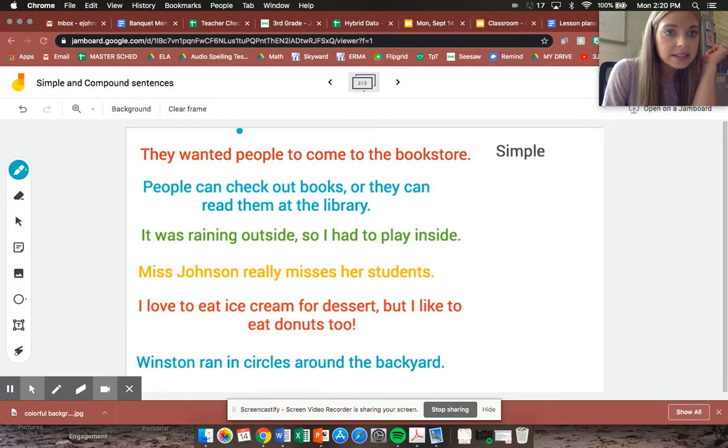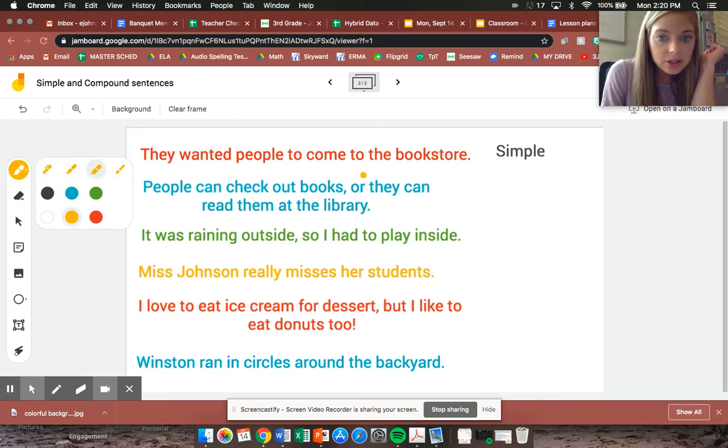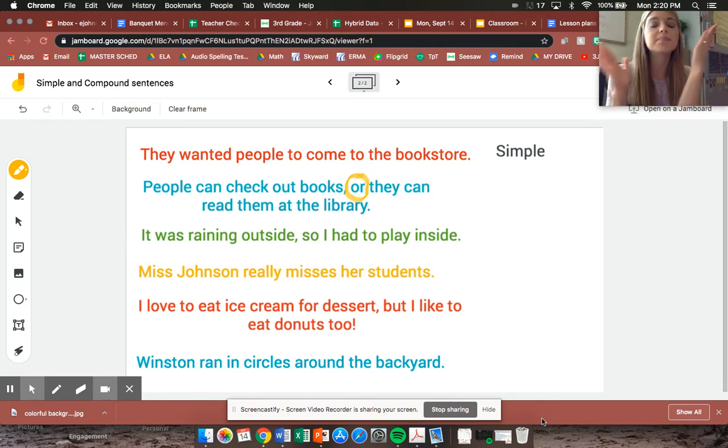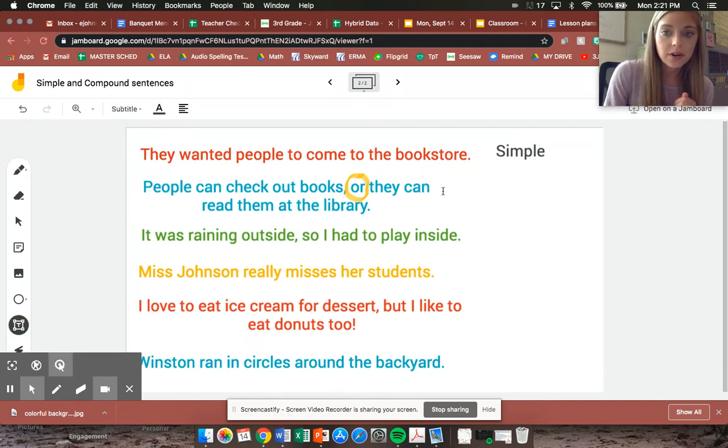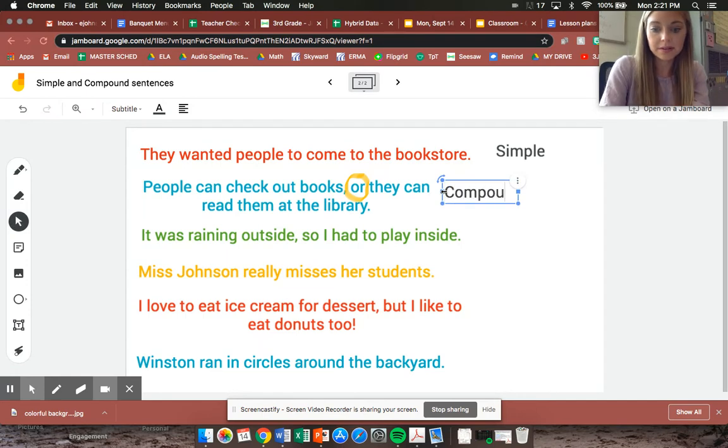I'm going to circle that conjunction or, because that is the word that combines both of those thoughts into one sentence. So that sentence is a compound sentence. Okay, so I'm going to write compound.